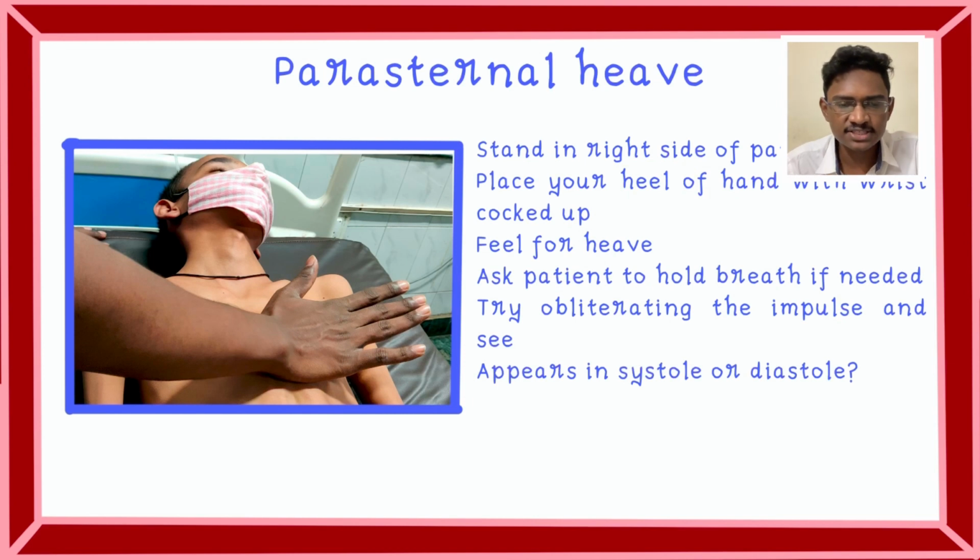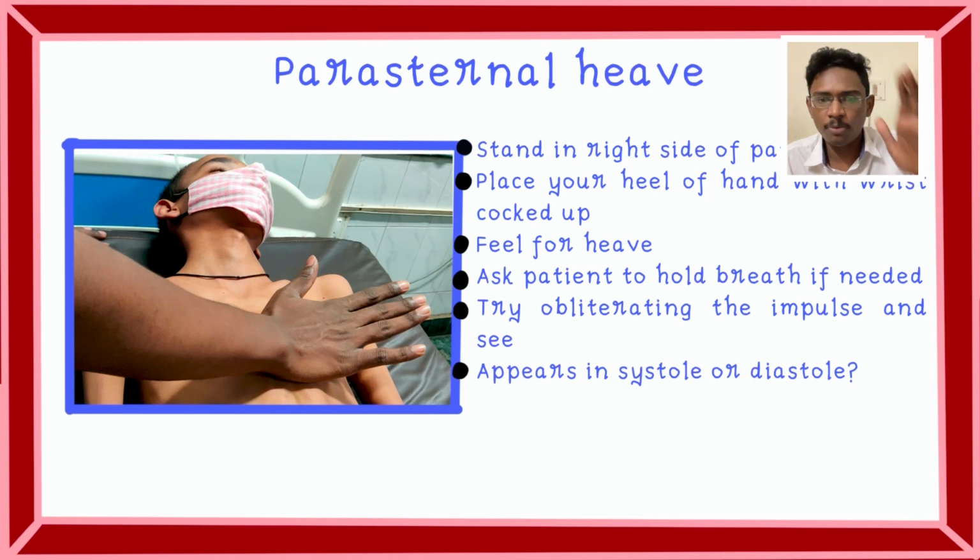Ask the patient to hold breath if needed, then see whether it is happening in systole or diastole, and try obliterating the impulse to see whether it is obliterable or not.